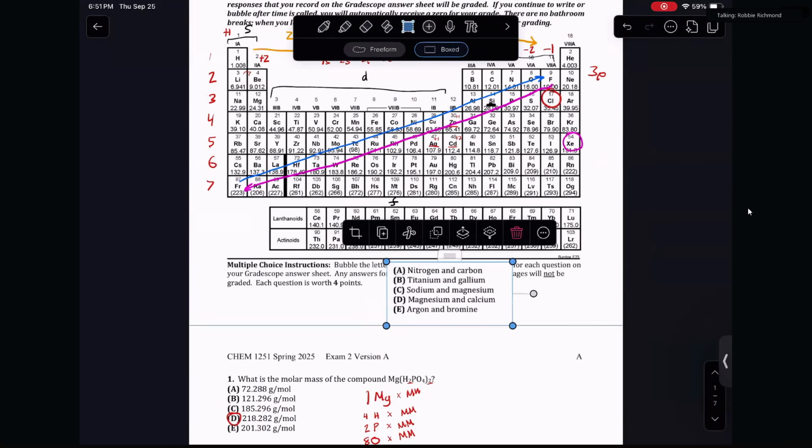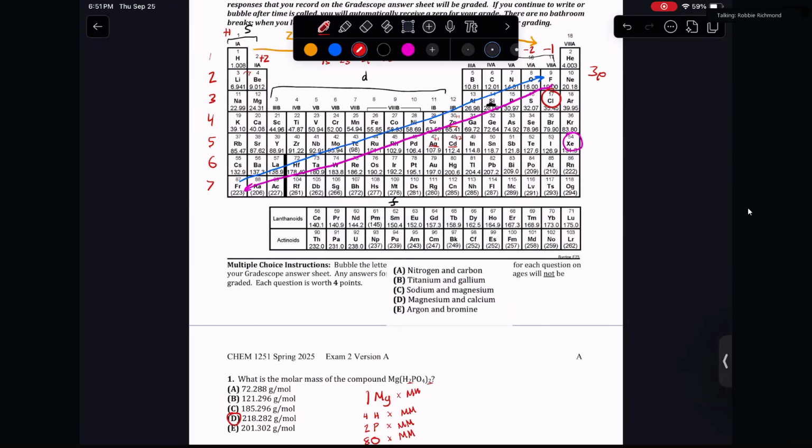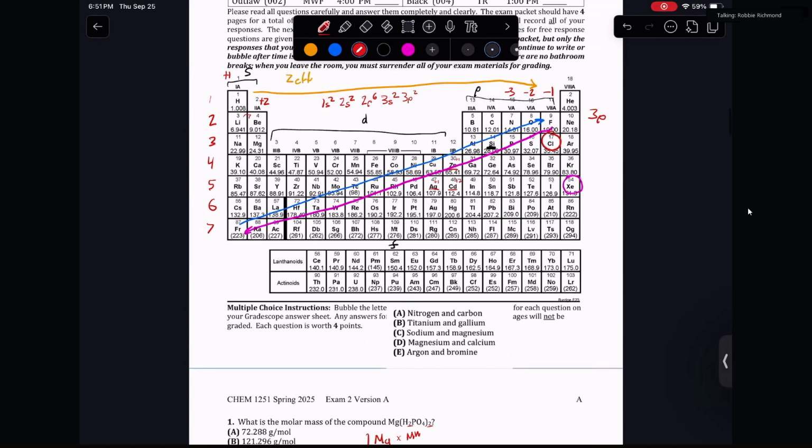So basically, they fall within the same column. That's what we're looking for. Nitrogen and carbon, they do not fall in the same column. Titanium and gallium, those are transition metals. Transition metals usually do not have the same property. They are very diverse, even within the same column.